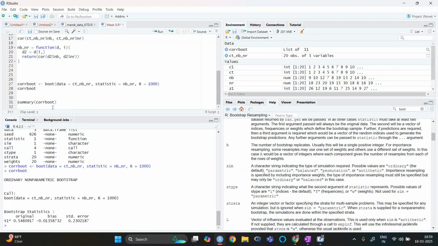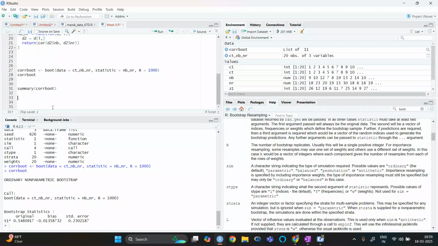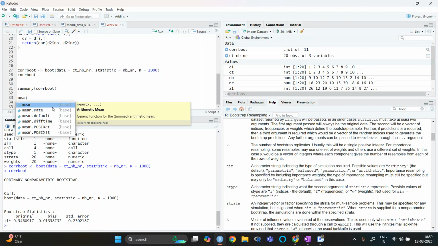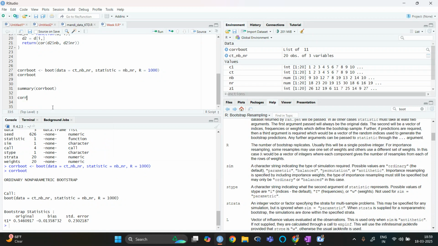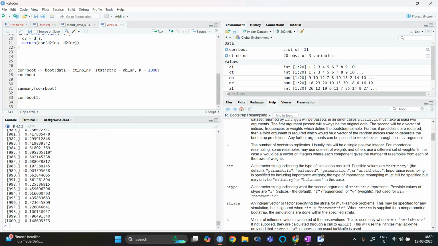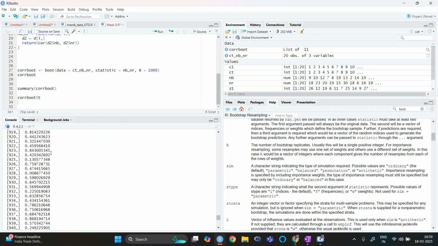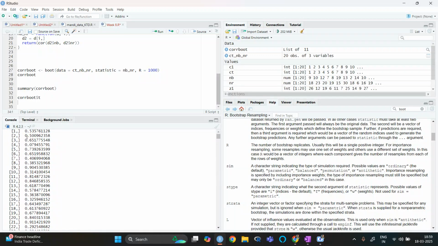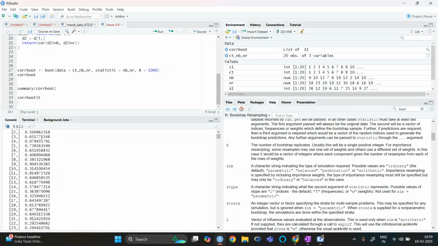So now if I will do the mean, okay. So correlate T. So you can find that these are the correlations it has found using the samples it has created. So the first sample it has created, its mean is 0.53, next one 0.5, then 0.6, and then you can see it is 0.07. So it is very different.